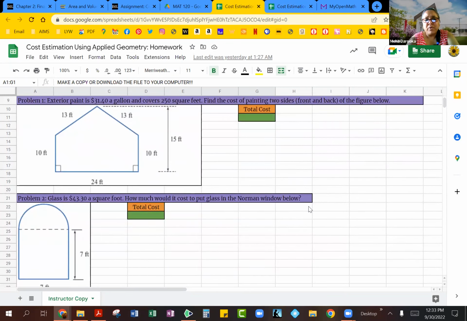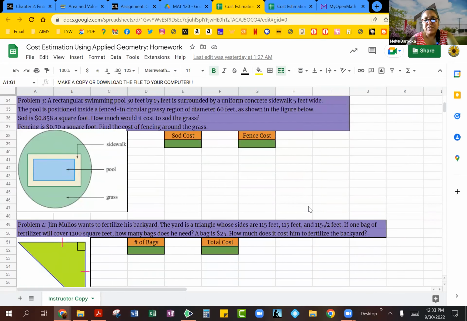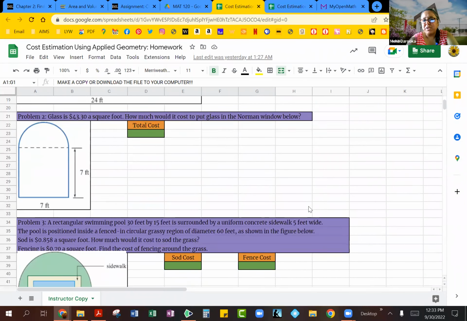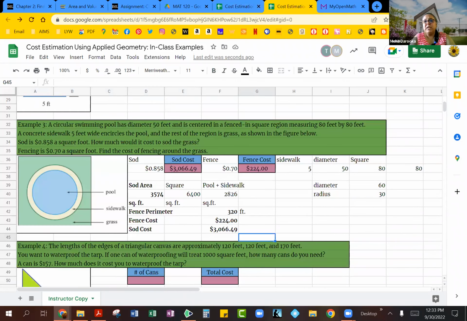Some of those will just be a different shape or something very similar. So you can see your first three examples are very familiar to what we just did in class. So hopefully you guys can start looking at this. If you have any questions, I can answer them through email or on Monday in class, but keep working on those.